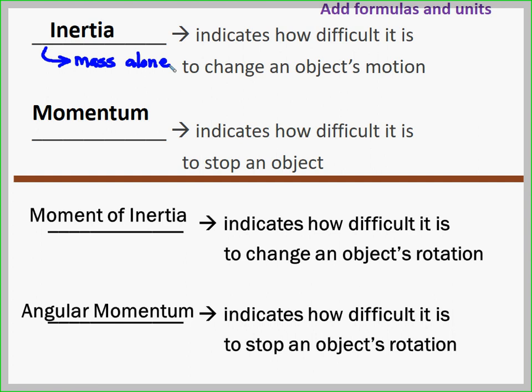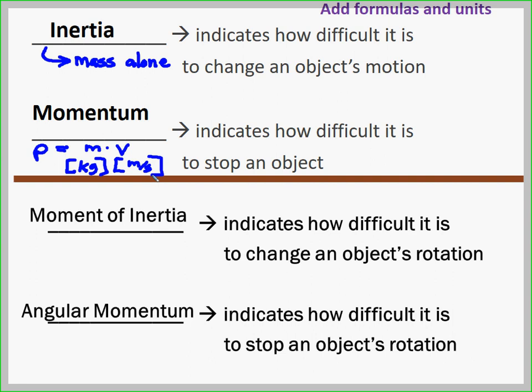Momentum, on the other hand, symbol P, is equal to mass times velocity. And the units are kilograms times meters per second. Now, rotational style.